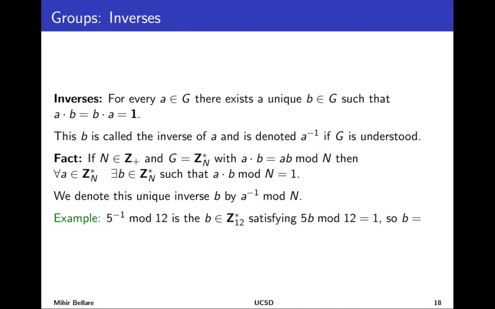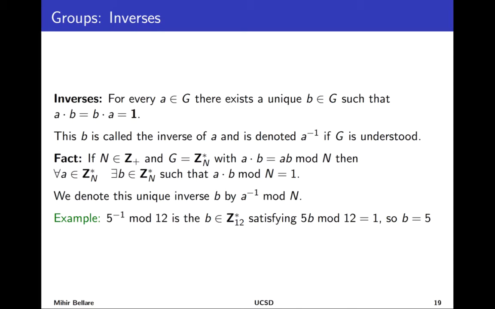We know that the answer is something in the group, and the group is Z star 12, which has only 4 points in it: 1, 5, 7, and 11. Well, let's just try them. Could b be 1? No, 5 times 1 is 5, not 1 mod 12. Could b be 5? 5 times 5 is 25, and 25 mod 12 is 1. So we conclude that b is actually 5.